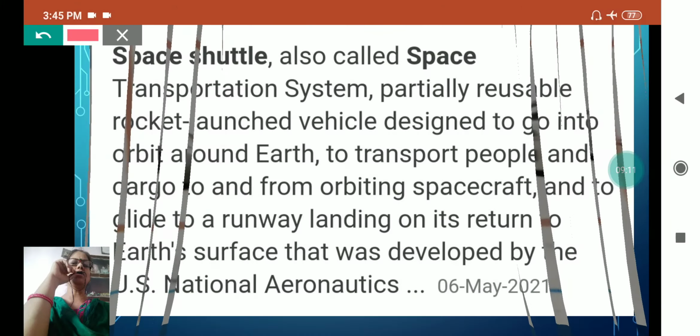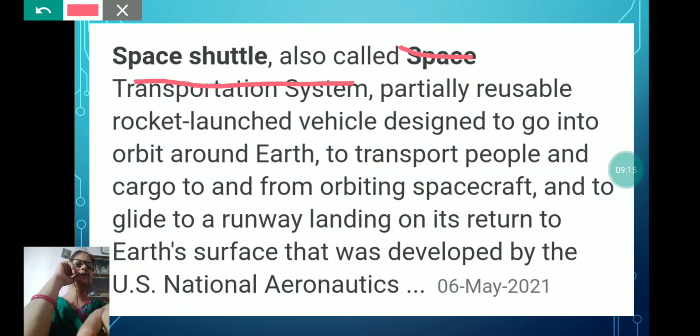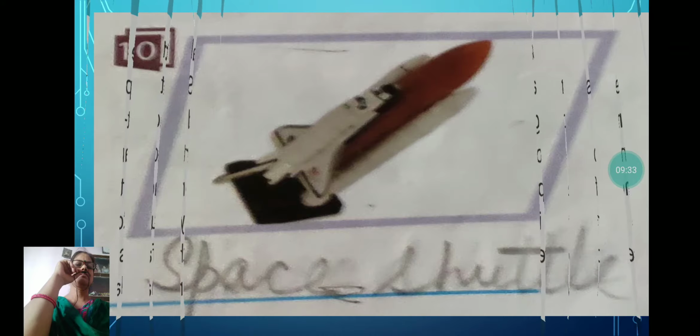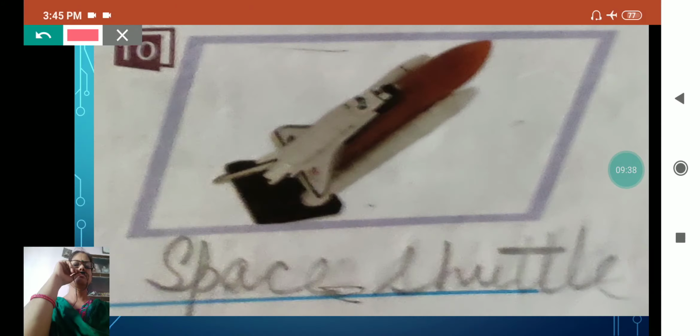It is a partially reusable rocket launched vehicle, and it is designed to go into the orbit around Earth to transport people and cargo to and from. Space shuttle moves in the space. This is the picture of Space Shuttle.